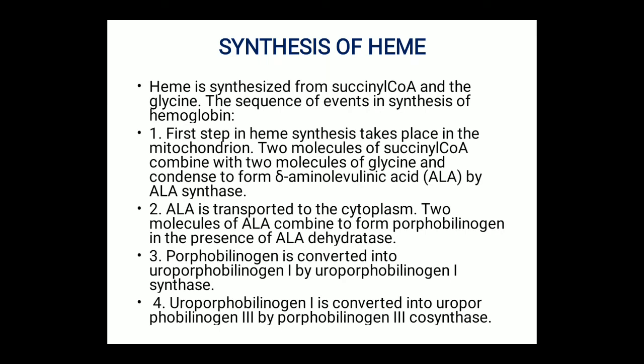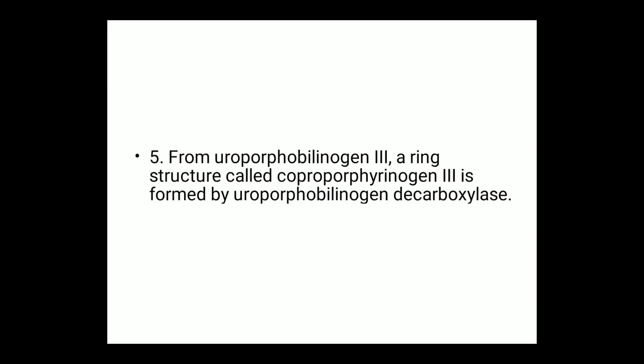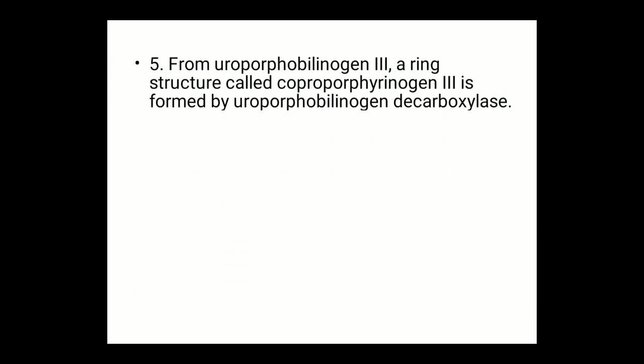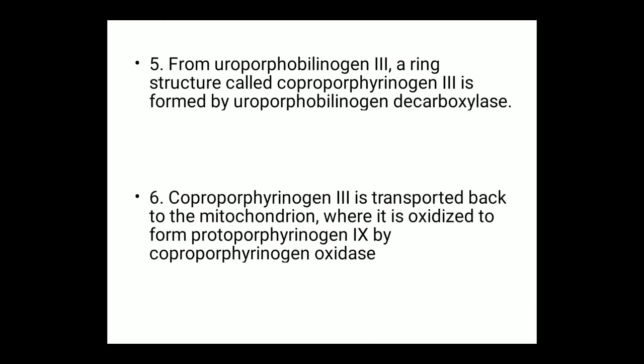Fourth, uroporphyrinogen I is converted into uroporphyrinogen III by uroporphyrinogen III cosynthase enzyme. Fifth, from uroporphyrinogen III, a ring structure called coproporphyrinogen III is formed by uroporphyrinogen decarboxylase enzyme.